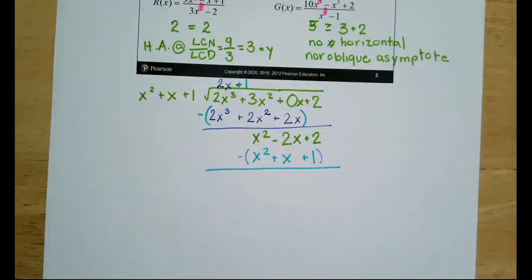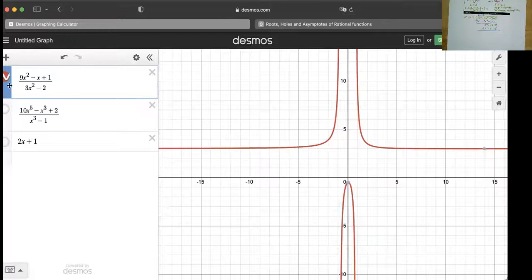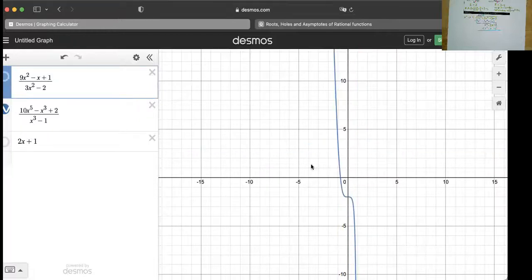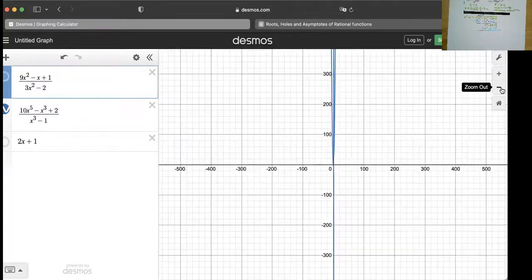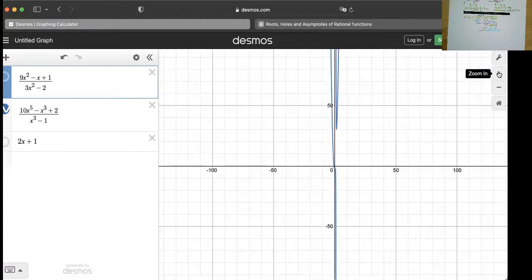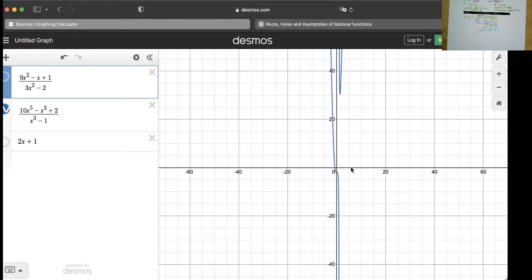We cannot describe what is happening mathematically with a line. Let's look at Desmos. Very hard to see, but you can tell that it's not following any line on the horizontal axis.